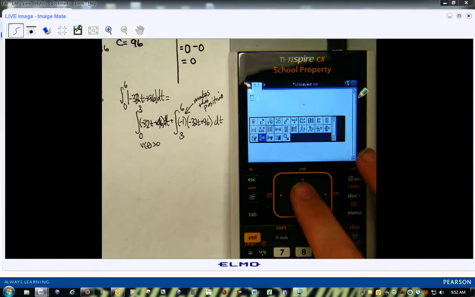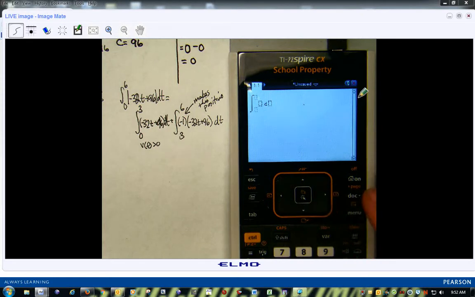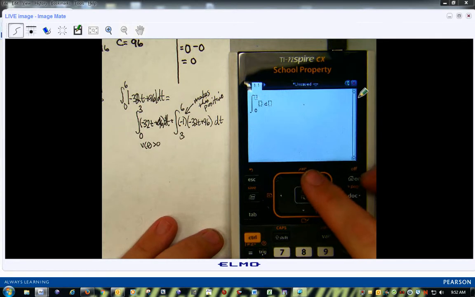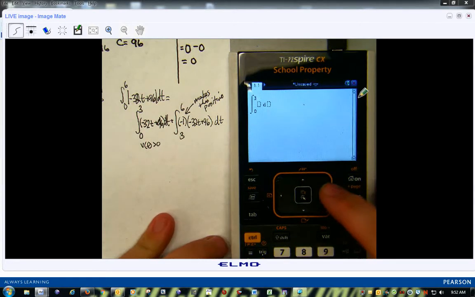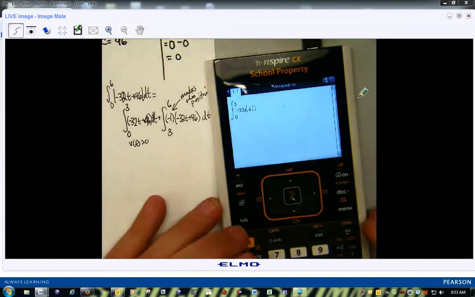So what are my bounds? 0 to 3. My first bounds are 0 to 3. And now I'm just going to type in the formula. Negative 32, was it negative 32? We'll go x. Was it plus 96?